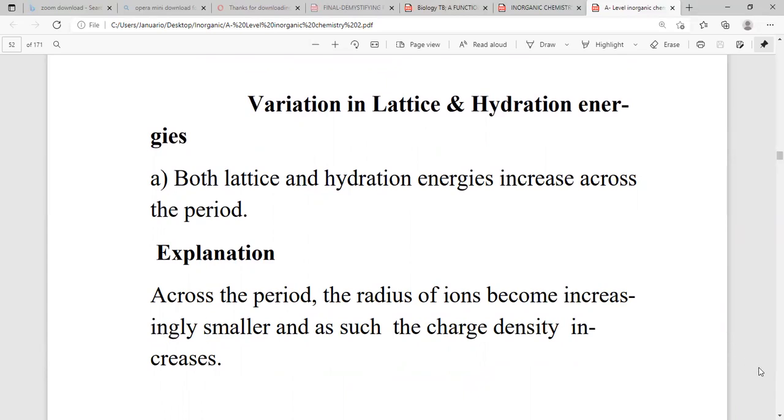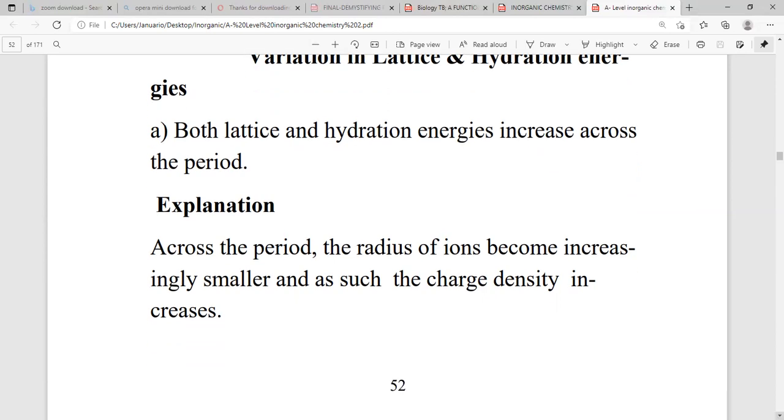Across the period, the radius of ions becomes increasingly smaller, and as such you expect the charge density to increase. As you move from one group of the periodic table to another, the ionic radius decreases, because the bonding electrons are added to the same energy level, the same shell.